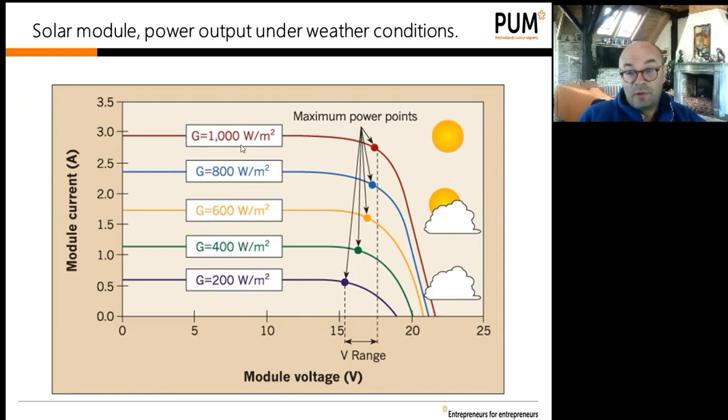That's basically what you want, because with 1,000 watts per square meter, the system has a higher voltage and a higher current in amperes. And if you look at the maximum power point, it's this point. The best of two worlds, the best of the current and the best of the volts, and this is what you need. And that's about 18 volts and 3 amperes.